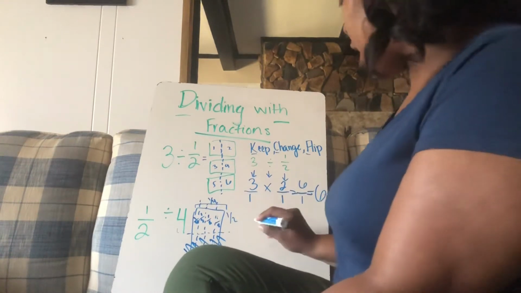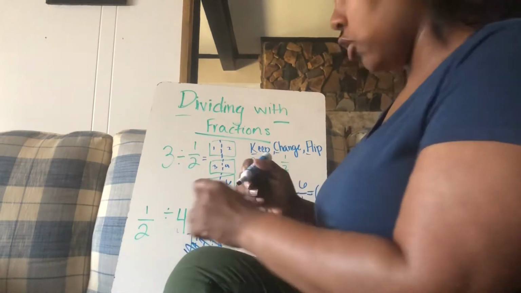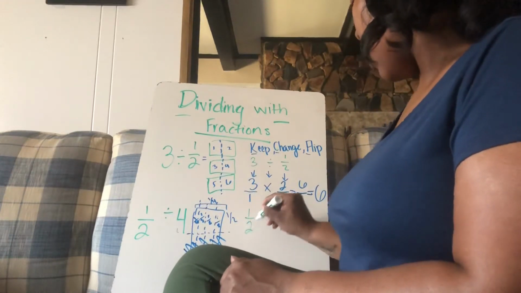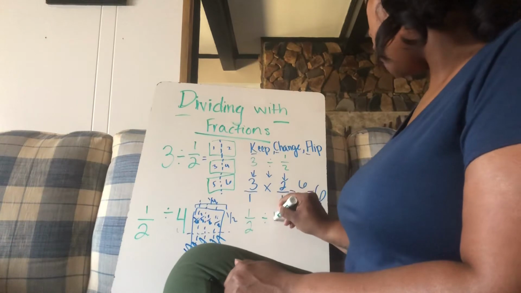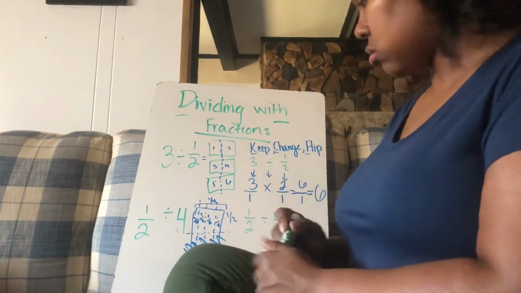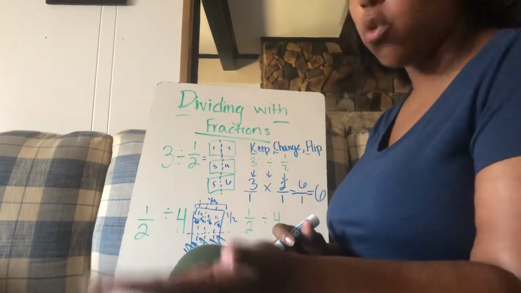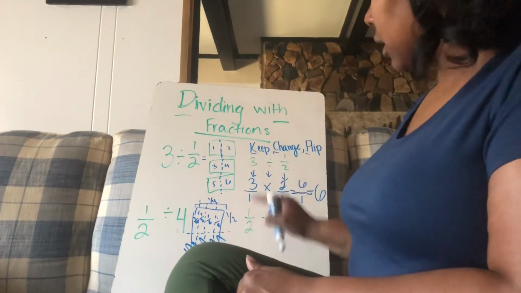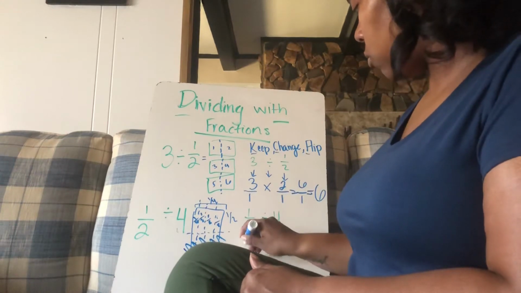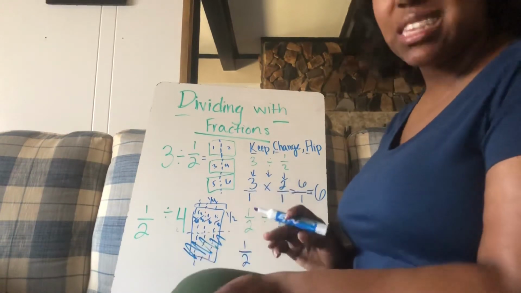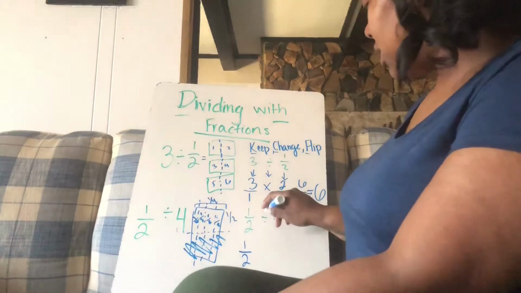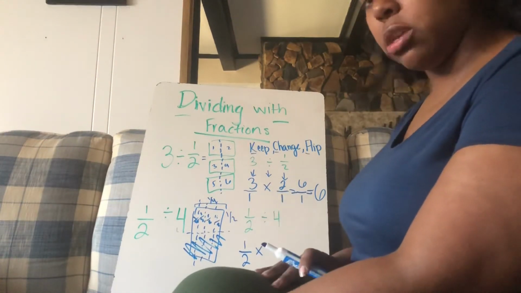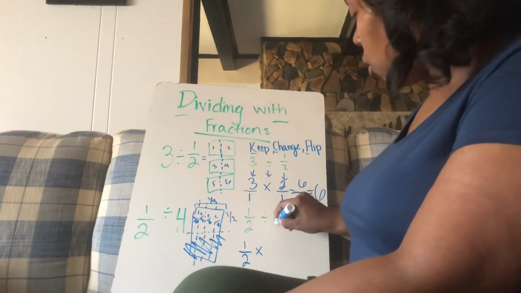So what we're really saying is, if you have 1/2 and you're dividing it by 4 wholes, or 4 people, or 4 friends, right? We're going to use keep, change, flip. Keep the first fraction. So 1/2 stays the same. Then I'm going to change my sign from division to multiplication. And then I'm going to take 4 wholes, right?